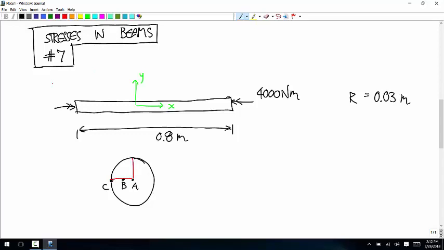And then D, E, F, where this angle is 30 degrees, and G, where this angle is 30 degrees.